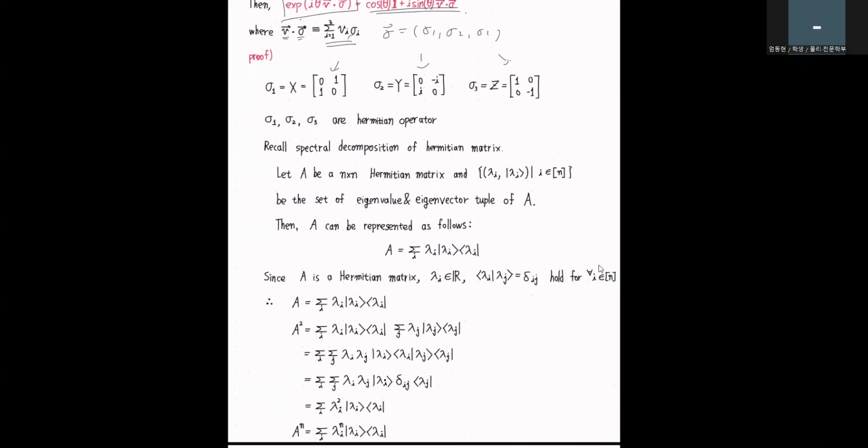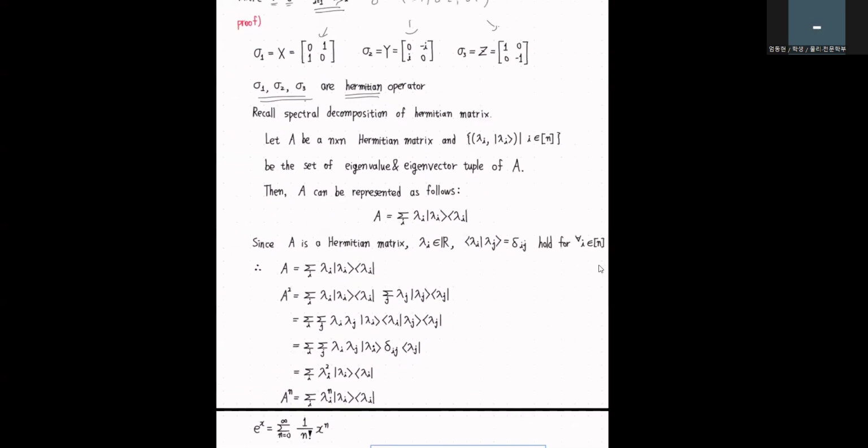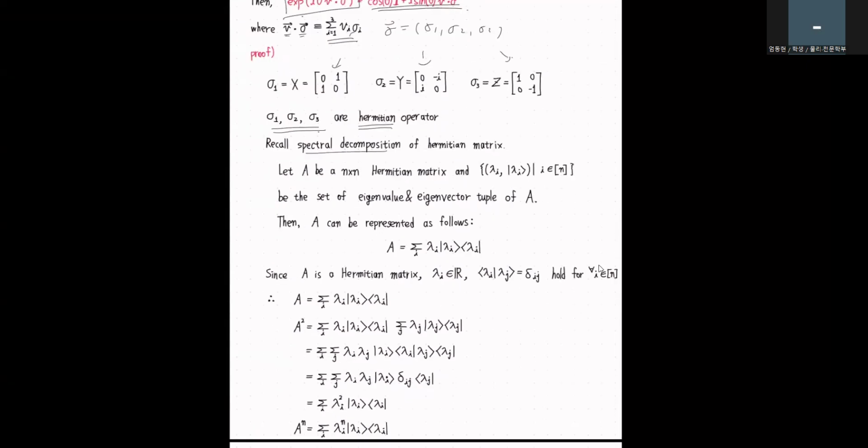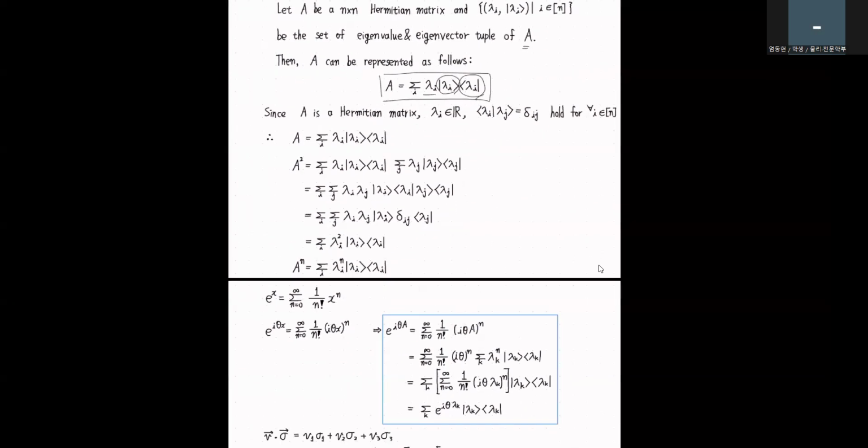To prove this, we exploit the fact that these are Hermitian, of course, and every Hermitian operator has a spectral decomposition, which is represented as follows over here. These are the eigenvectors of our Hermitian matrix, and this is the eigenvalue. Since A is a Hermitian matrix, if we take the nth power, we end up with this representation over here.